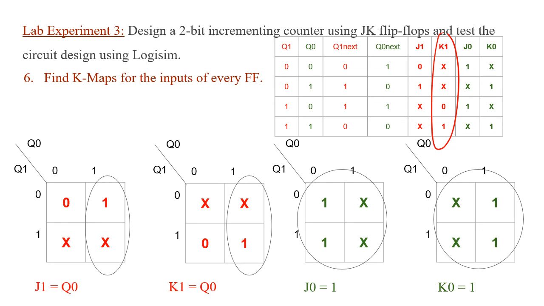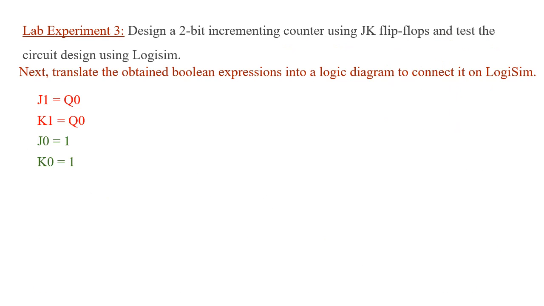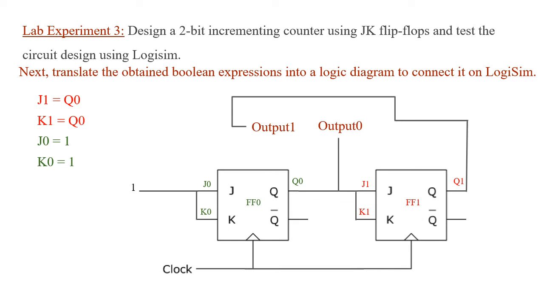So now, knowing the Boolean expressions for each of J1, K1, J0, and K0, we can simply translate the expressions into a logic diagram, which will result in this logic diagram that uses two flip-flops. We can name them FF0 and FF1.